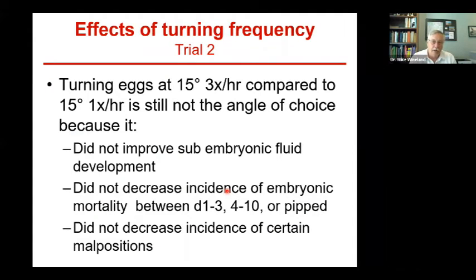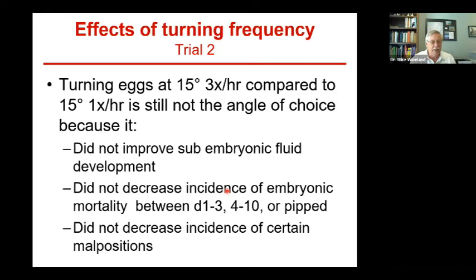Okay, so what she came out of it with was that turning eggs 3 times per hour compared to 1 time per hour still wasn't the angle of choice because it didn't improve the amount of subembryonic fluid. She said it did not decrease the incidence of embryonic mortality, especially between days 1 to 3 and 4 to 10 or at pip.